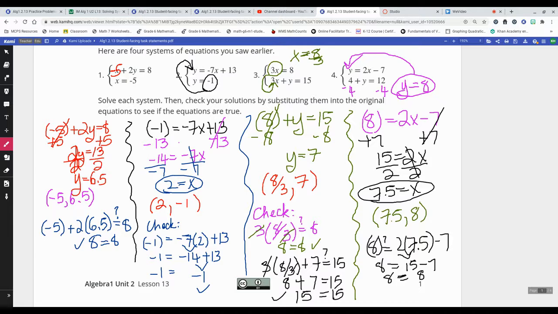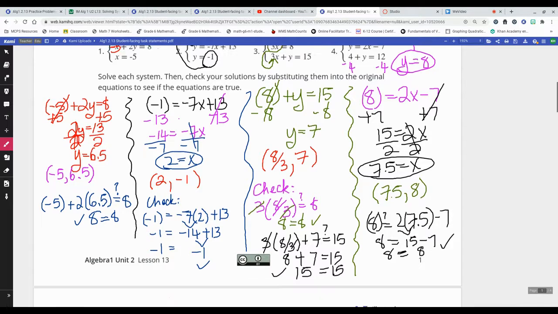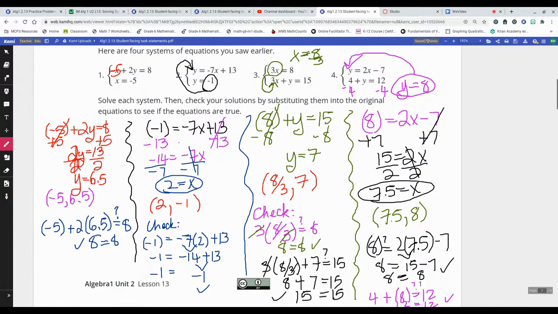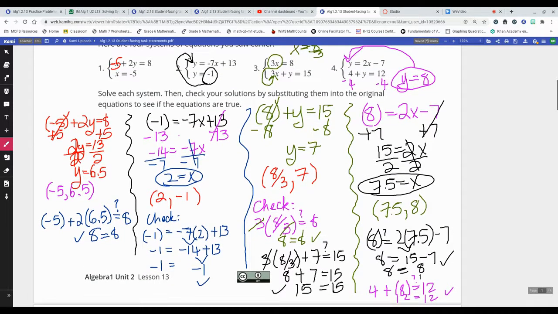So this first one is true. For the second one, easy peasy. 4 plus 8, is that 12? Sure is. So we know we're correct. So you should always check.